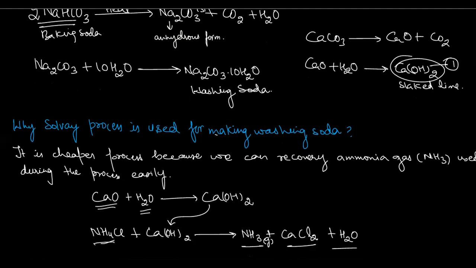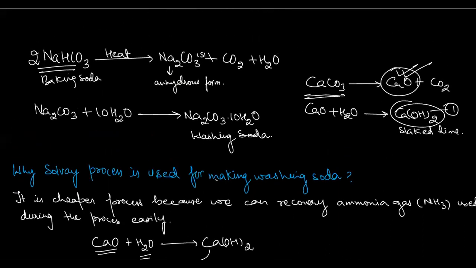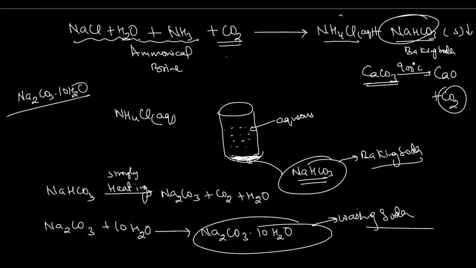So you know that when we heat calcium carbonate, the byproduct that remains is this one. Calcium oxide बचा था हमारे पास, carbon dioxide हमने use कर ली थी. And in a similar way, when we mix the salt, water, ammonia and carbon dioxide, we have ammonium chloride as a byproduct.